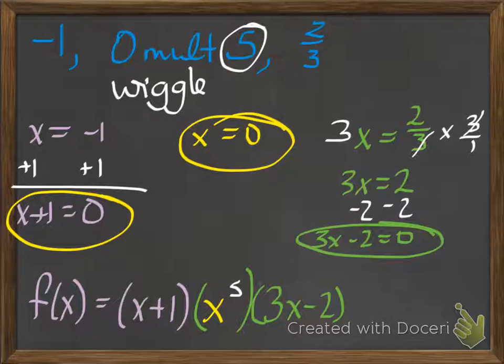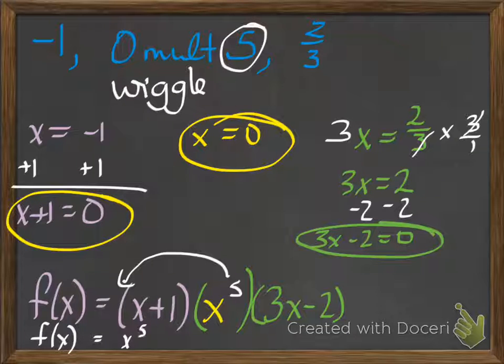The best way is with your 0 term, the one that doesn't have anything added or subtracted to it, goes in the front. So f of x equals x to the 5th times x plus 1 times 3x minus 2. That's the way you should write it.